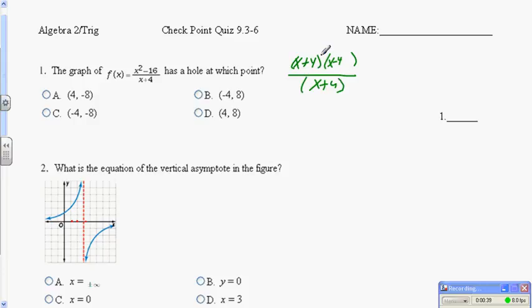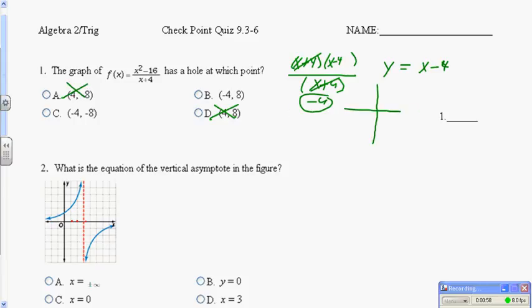So the x plus 4's cancel, left with y equals x minus 4. Now since this denominator canceled, you have a hole at -4. That takes this one out and this one out. X is -4. Where is it at?